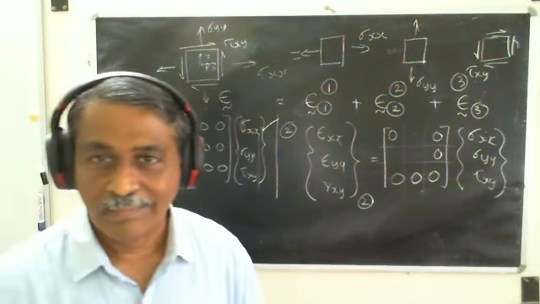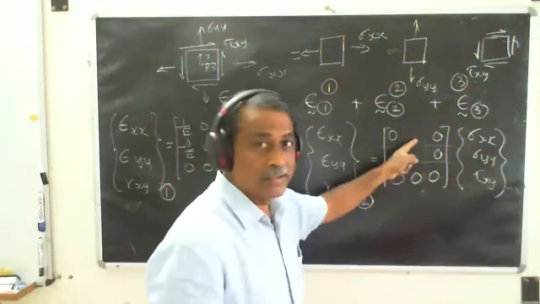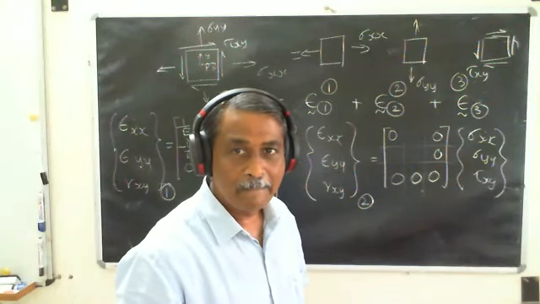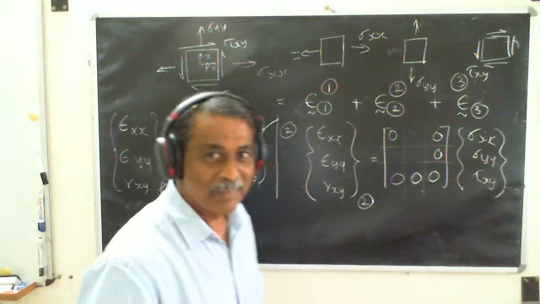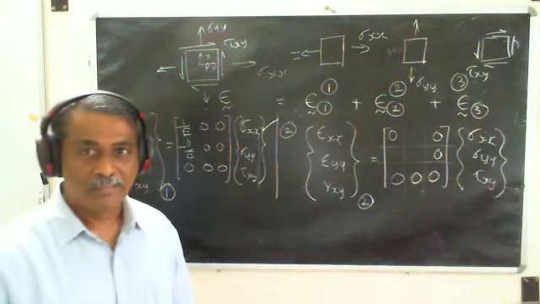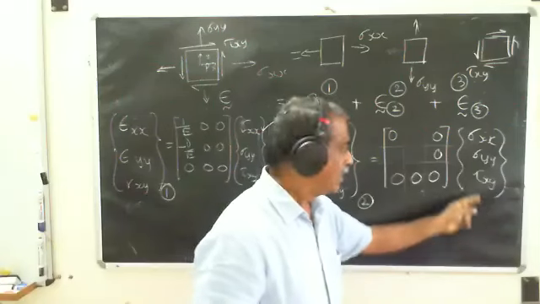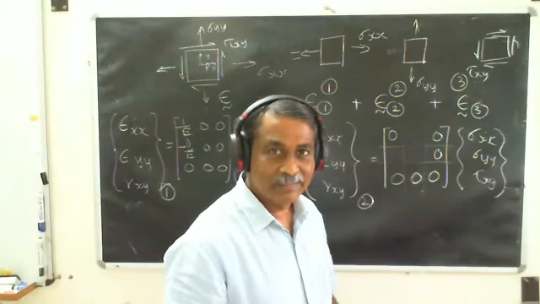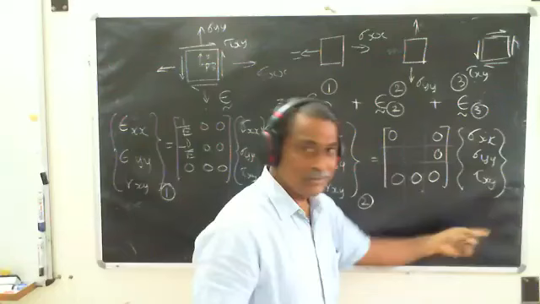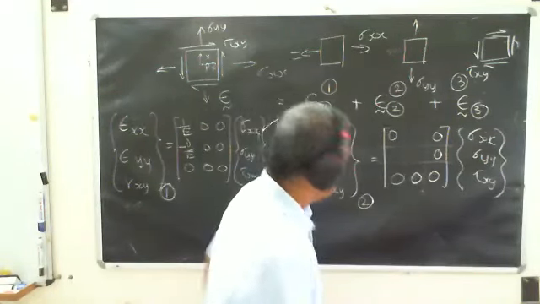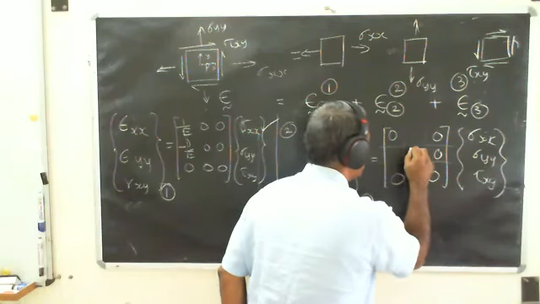The second value in the first row should be... First of all, sigma xx is not taking part. Tau xy is not taking part. Right? So automatically the middle value should be 1 by E. Fantastic.